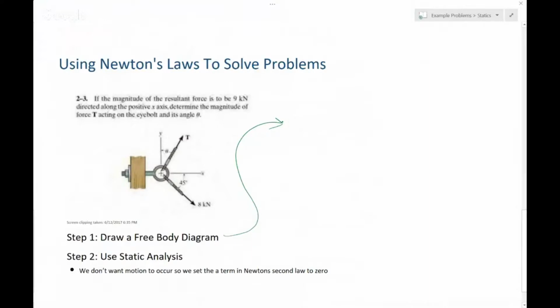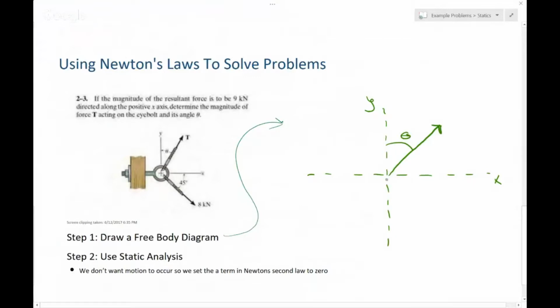So the first step to solving this problem using Newton's laws would be to draw a free body diagram to model all the forces we're dealing with. So we'll do that first, where we have our axes that we want. We're going to have our x direction and our y direction. And then we have the force of T going up in this direction. That makes this angle here.